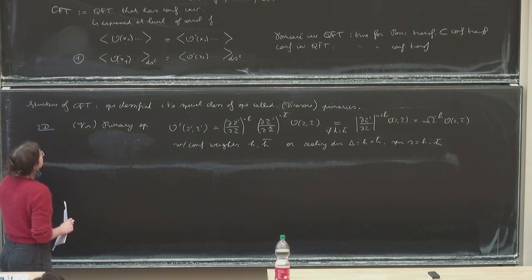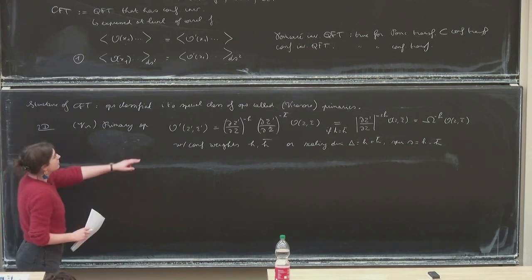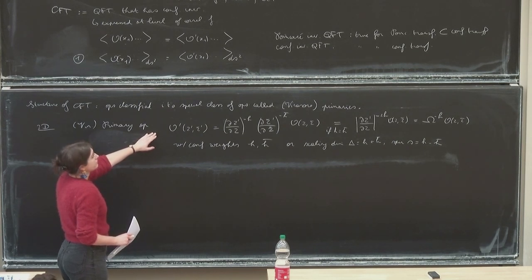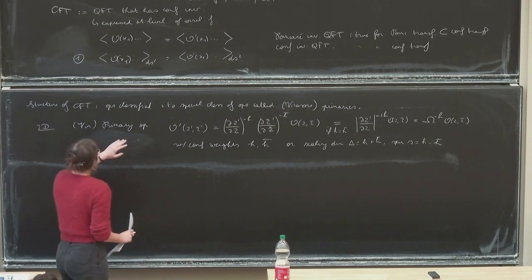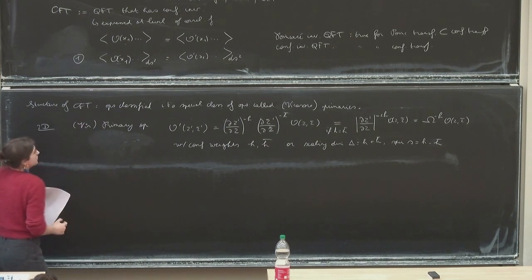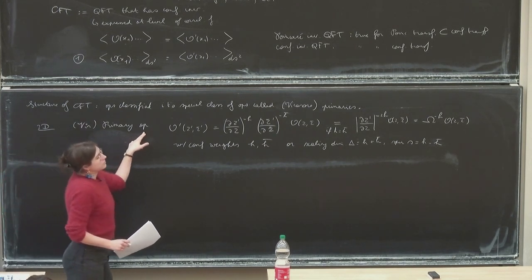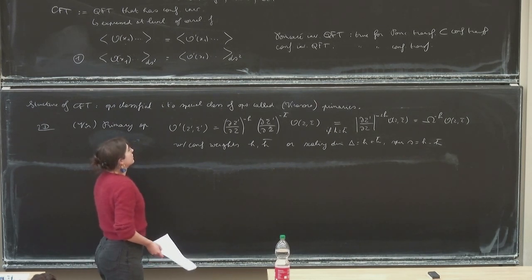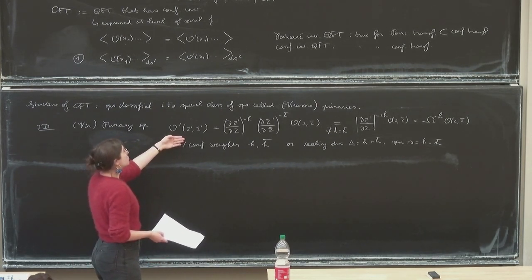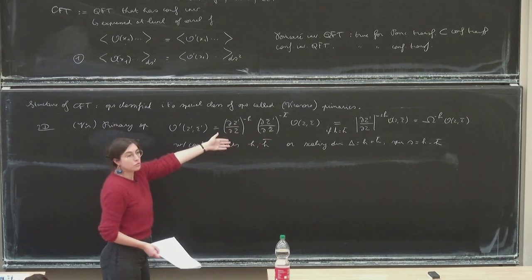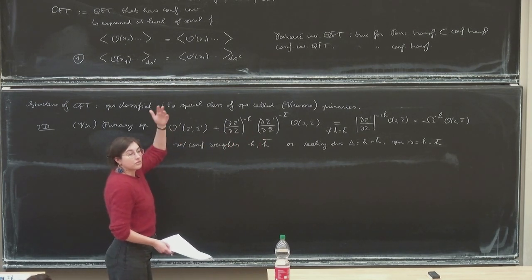Okay, but you'll notice now that I've given you the definition of a primary operator. So I'll call it primary. Depending on which dimension CFT you're in, a primary refers to an object that transforms in a certain way under the conformal transformations.